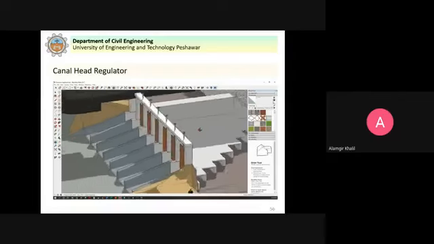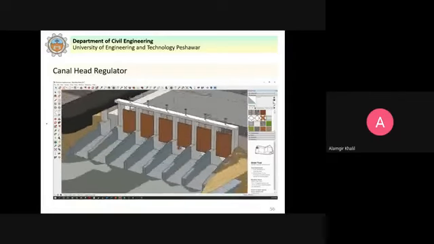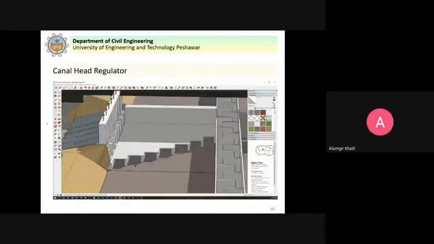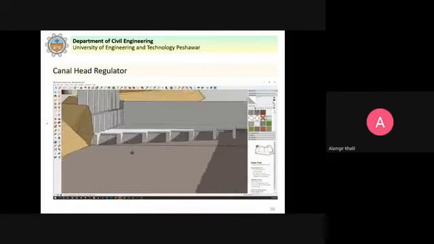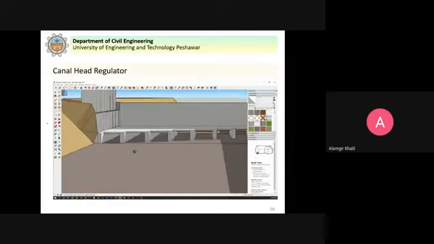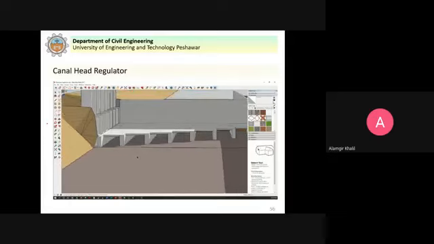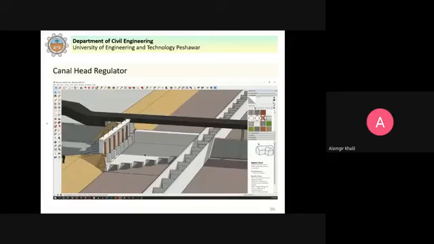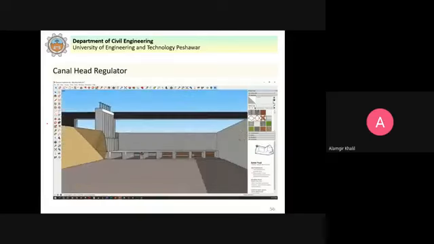Now you can see here, this is the head regulator, and these tunnels, you can see, this is the silt excluder. So the silted water will enter into these tunnels. The lower part of the flow that carries the silt will enter into these tunnels, and the upper layers of water, relatively silt free, will be allowed to enter into the canal.